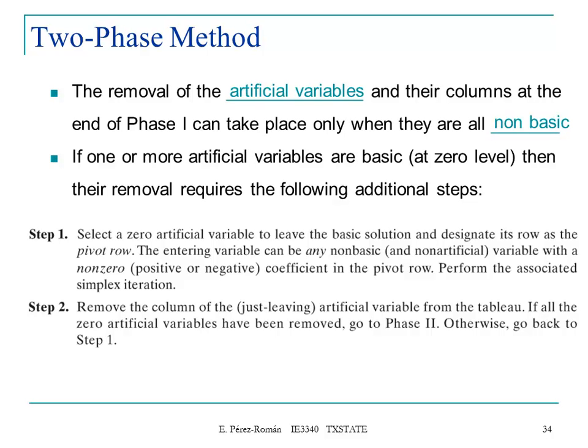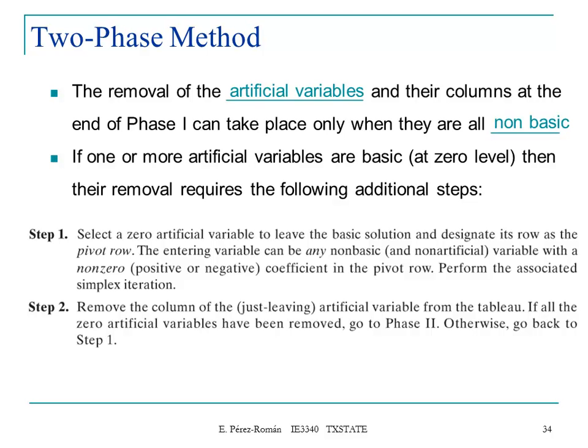So if let's say you enter x3, so r1 leaves, x3 enters, and you solve the problem, you get the optimal tableau. R1 is no longer part of your basic variables. So now you can remove the column of the artificial variable from the tableau.